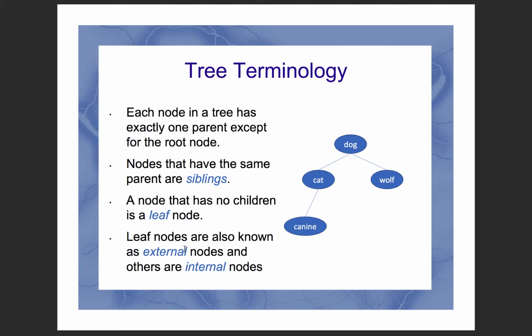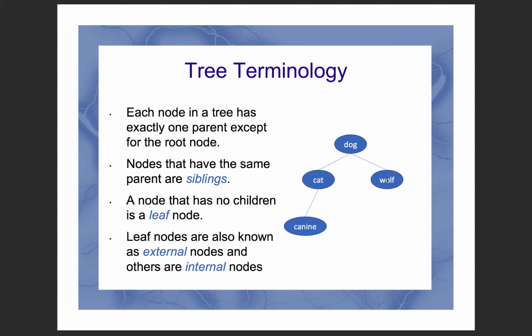Leaf nodes are also known as external nodes and the others are internal nodes. The leaf nodes are called external nodes because these nodes are almost the last part of each branch.